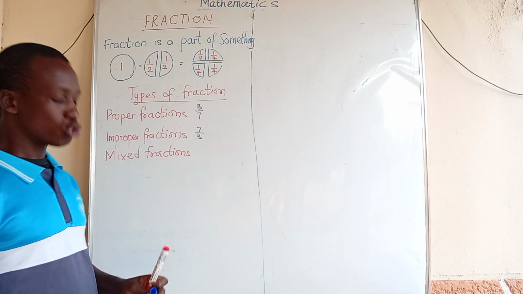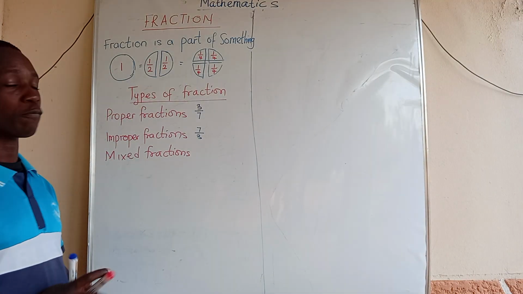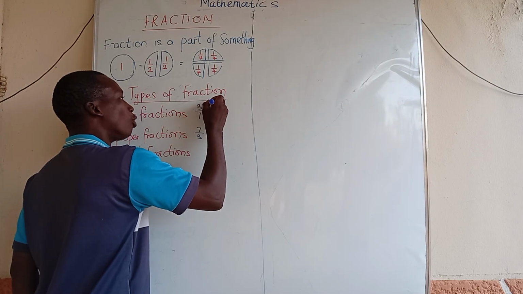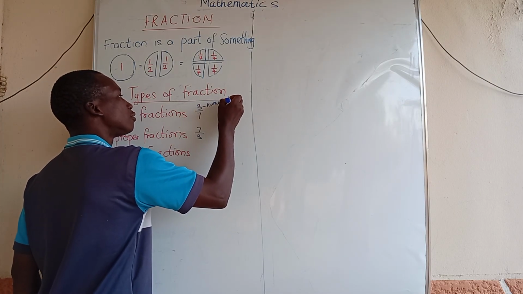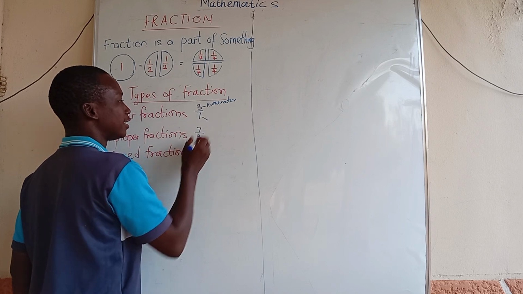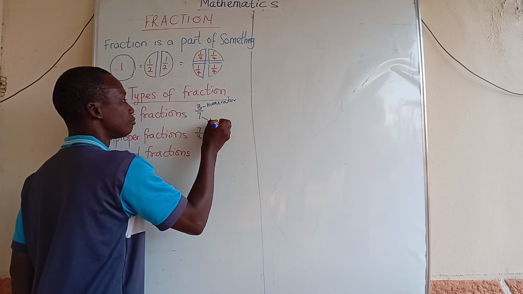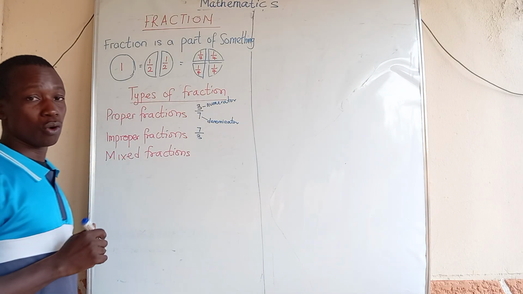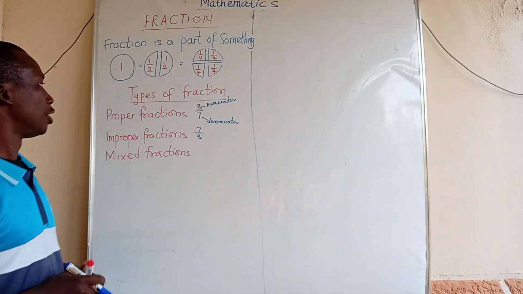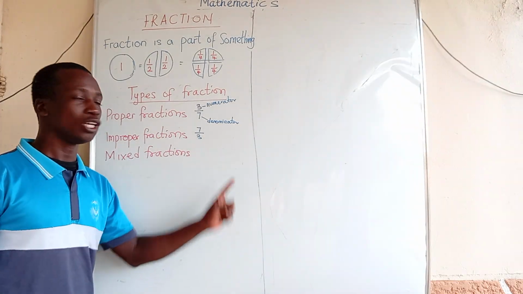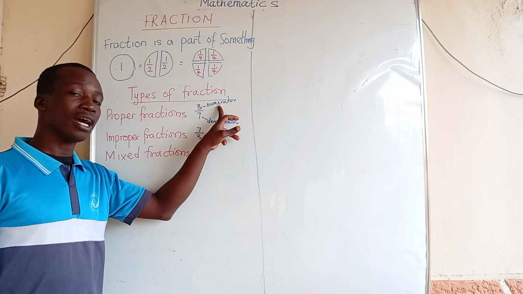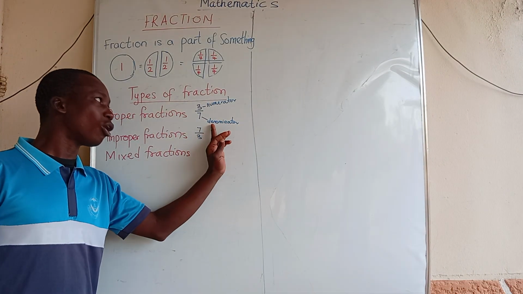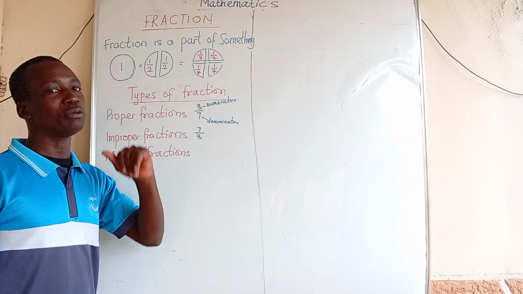Do we understand? So a proper fraction is a fraction in which the numerator is lesser than the denominator, or the denominator is greater than the numerator.